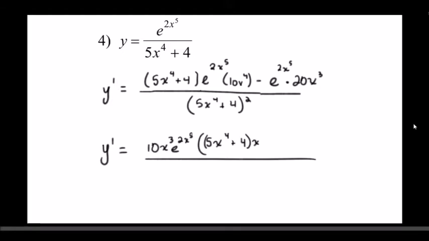So these are the terms that are left over in the left side of the numerator. Now from the right side, we already factored out the e to the 2x fifth, and we factored out the x cubed, so there's a 10 that we factored out of 20, so that's going to be a minus 2 all over 5x to the fourth plus 4 squared.